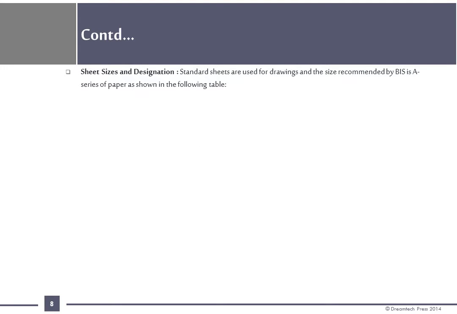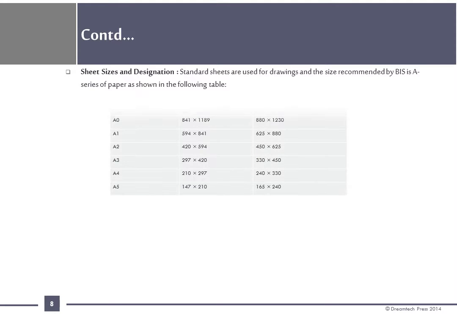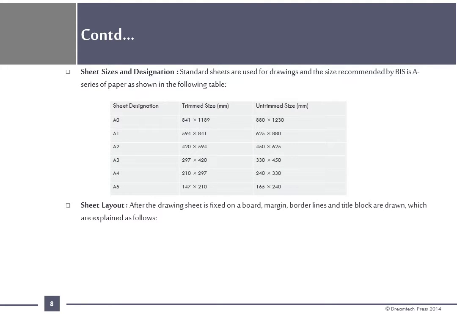Standard sheets are used for drawings and the size recommended by BIS is A series of paper as shown in the following table. Sheet layout. After the drawing sheet is fixed on a board, margin, border lines and title block are drawn, which are explained as follows. Border lines, margins, title block.